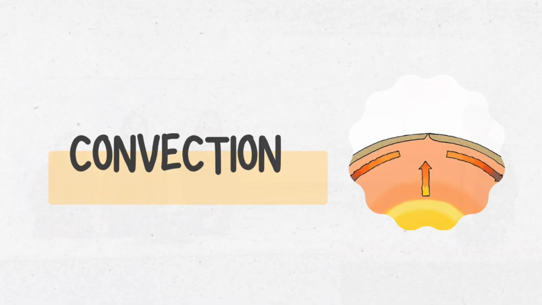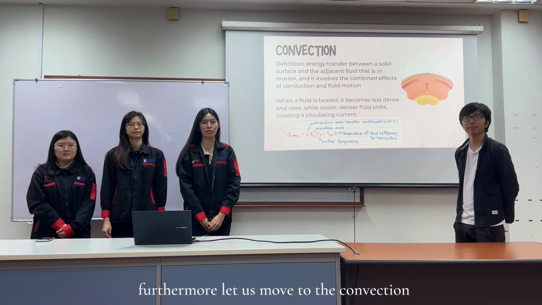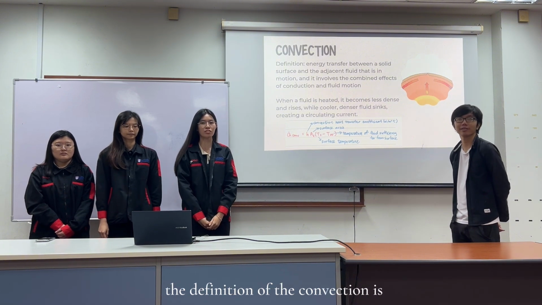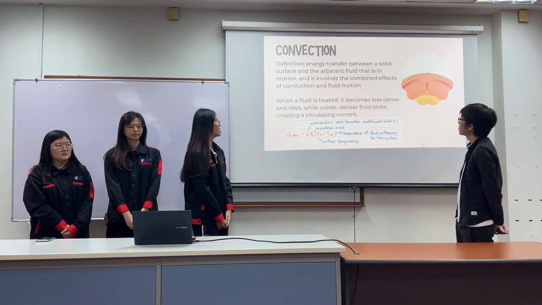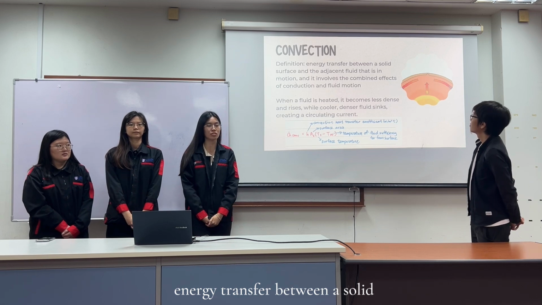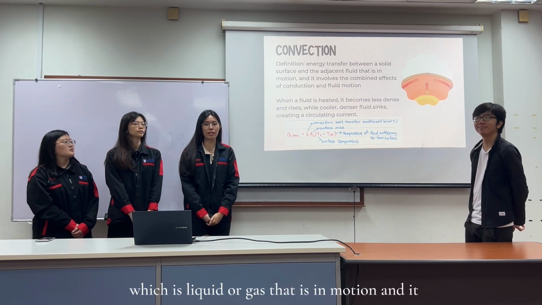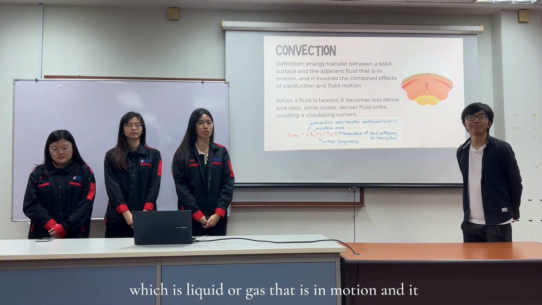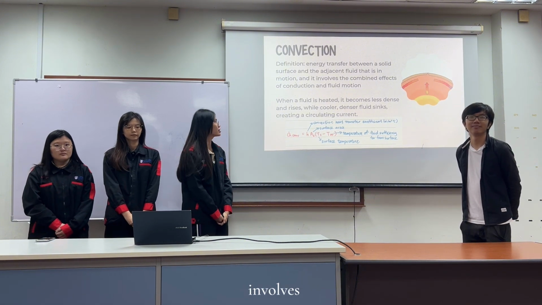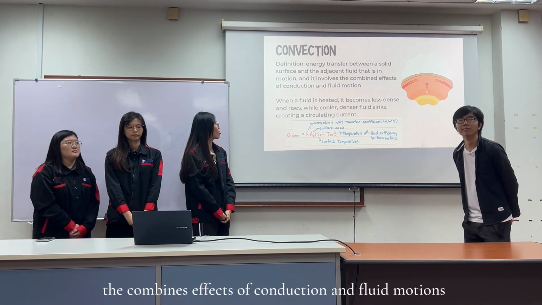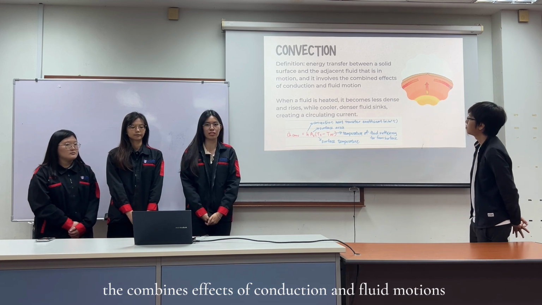Furthermore, let us move to convection. The definition of convection is energy transfer between a solid surface and the adjacent fluid, which is liquid or gas, that is in motion, and it involves the combined effects of conduction and fluid motion.